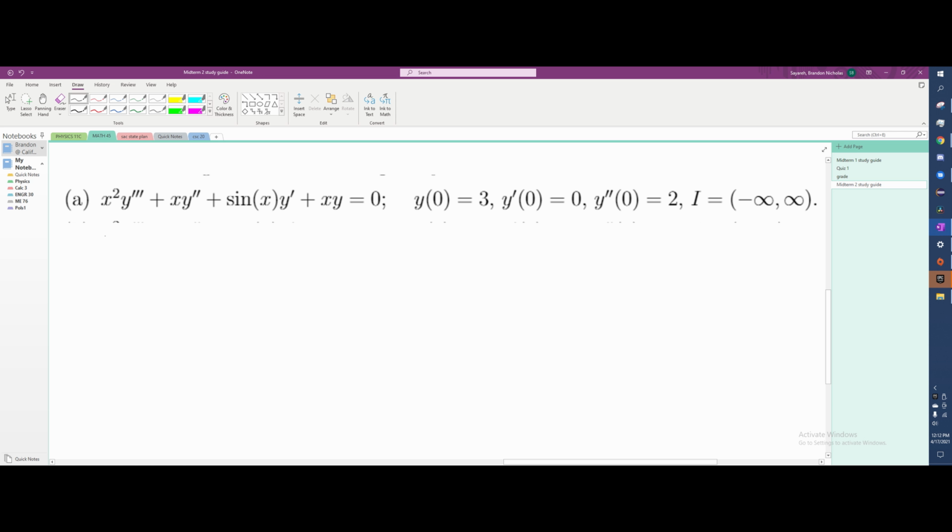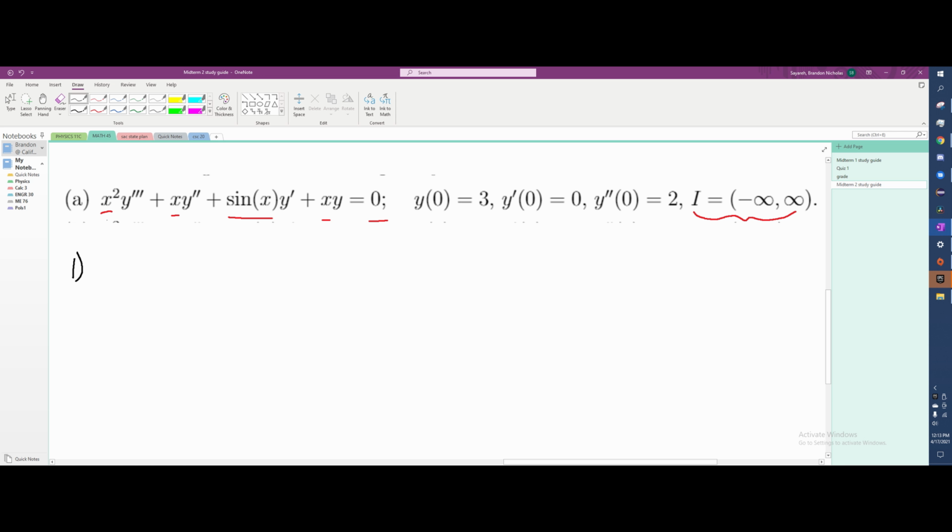The first is we have to make sure all of the x values in front of y, this value, this value, this value, this value, and this value as well, all have to be continuous on the interval. The interval here is negative infinity to infinity, so we have to check that. That will be step 1.